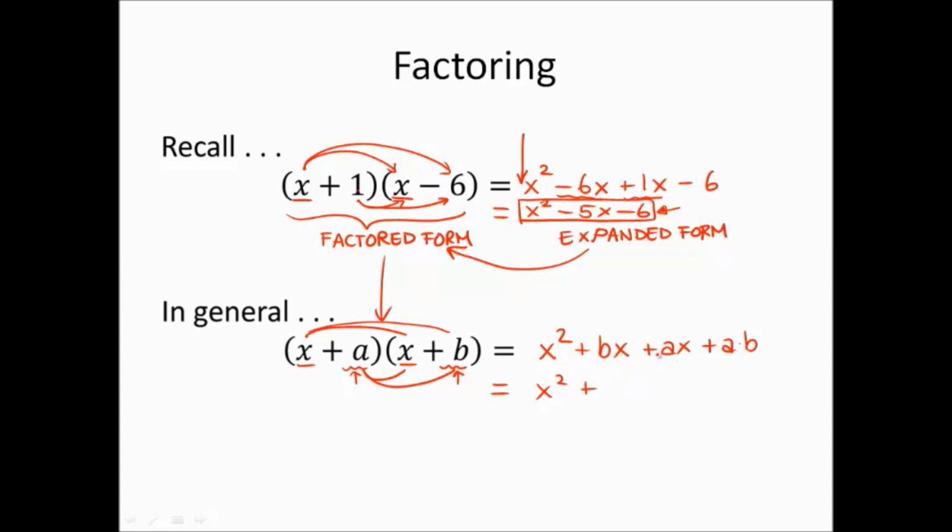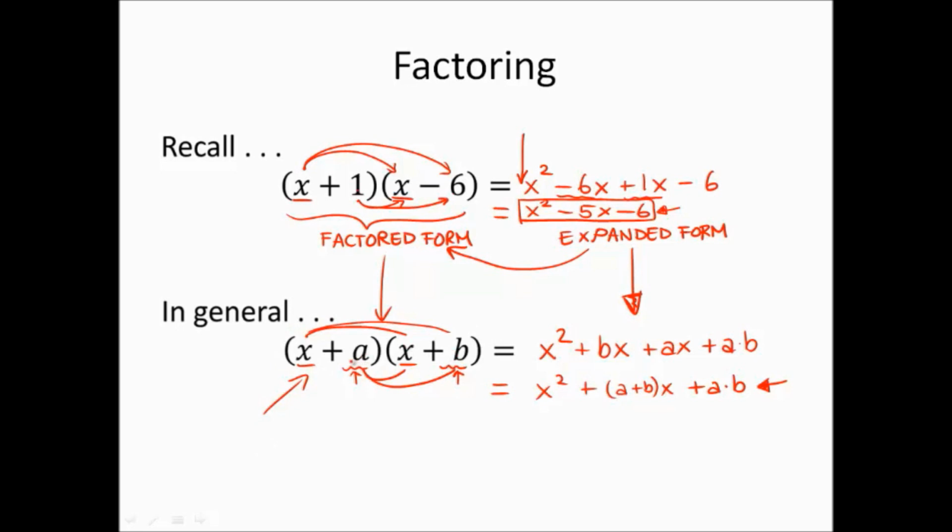You'll notice that bx plus ax is the same as adding a plus b. I'll just write it in alphabetical order so it looks nicer, but it doesn't matter what order you're adding it in, and plus a times b. So this is our expanded form, and this is basically what you're going to get, and you're going to be asked to find this factored form.